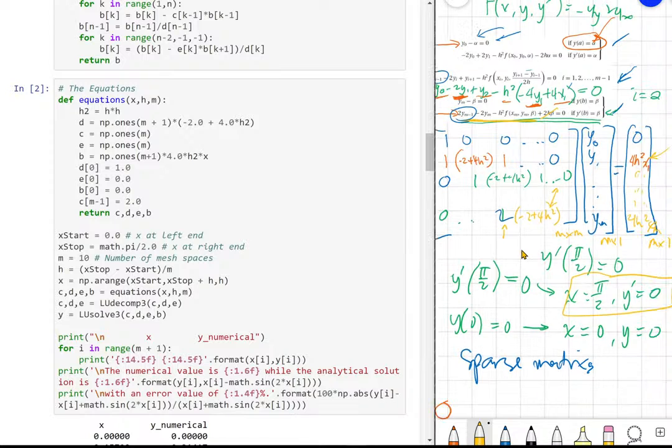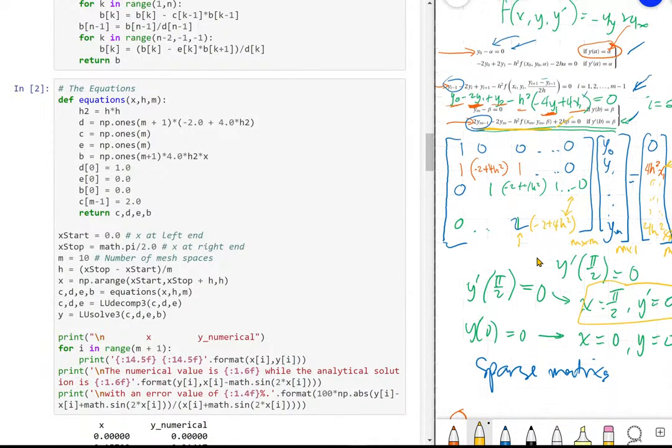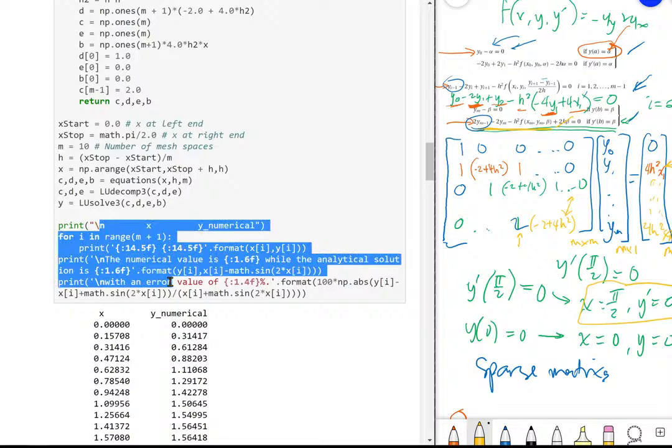As long as our number of variables is equal to the number of equations, meaning the number of y here is equal to the number of equations, and then we print the result.